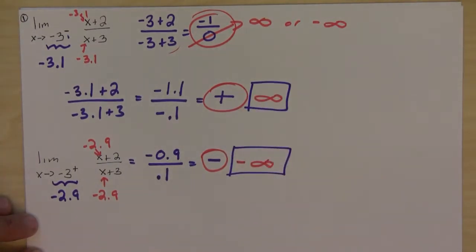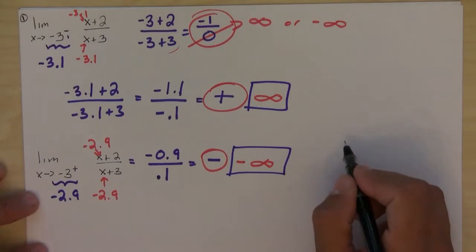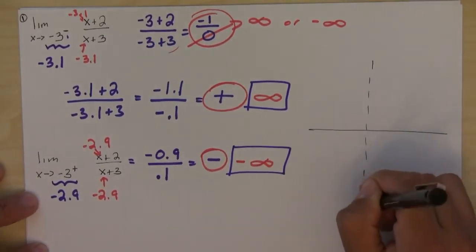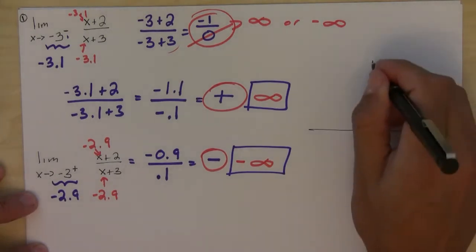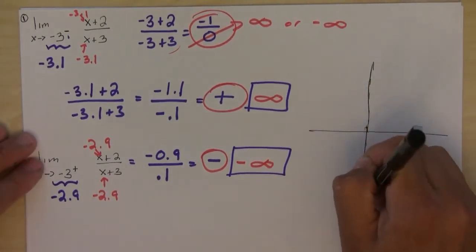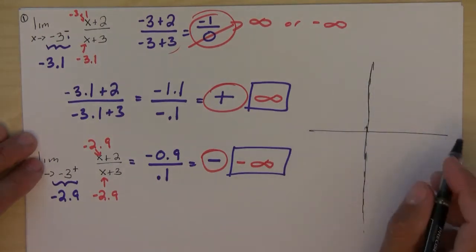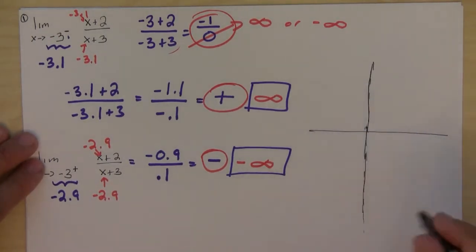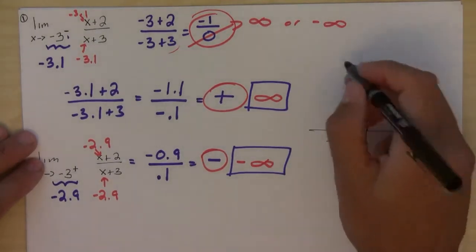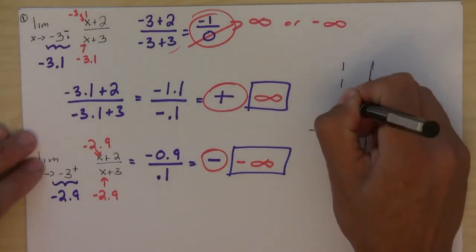Okay, so let's take a look at a picture of this, just to give you an idea of what this looks like. Wow, I'm a terrible drawer. But anyways, let's say -3 is right here, and we have a vertical asymptote.